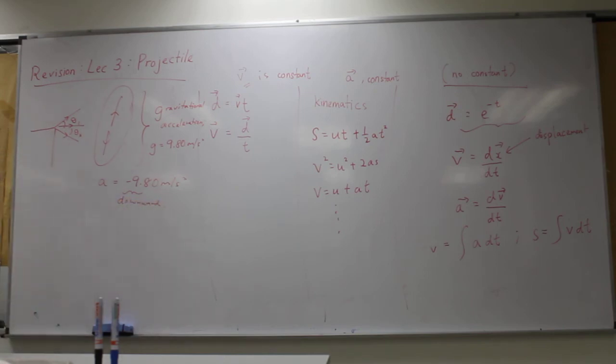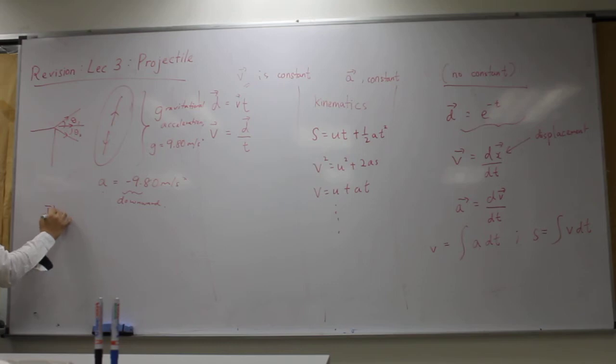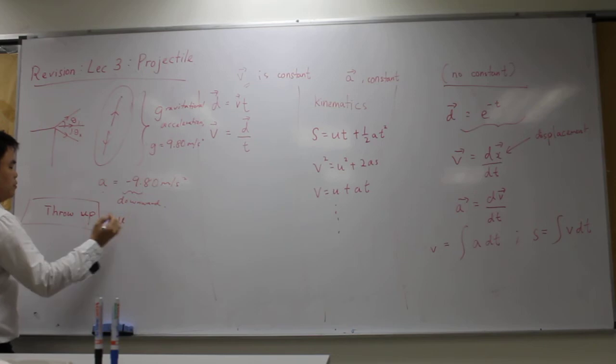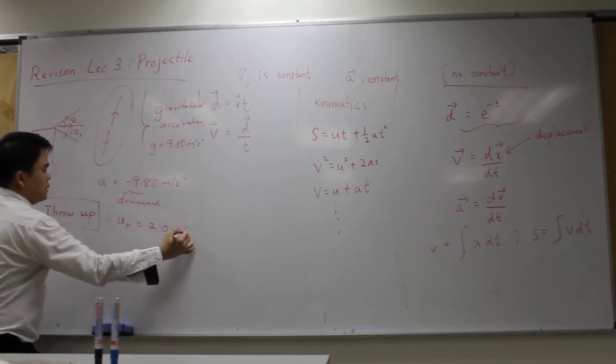Negative indicates downward. So I give you an example. If I say I throw something up, an object is thrown up with the initial speed of u_y is 2 meters per second.